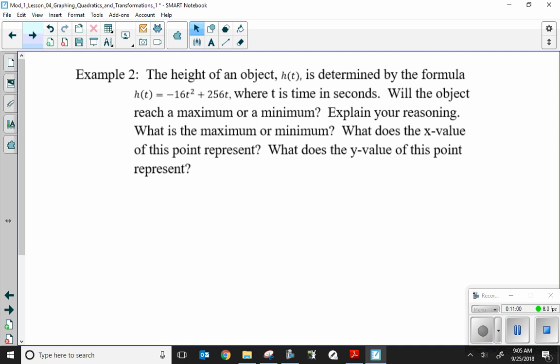I can feel a lot of you starting to squirm. Will the object reach a maximum or minimum? Explain your reasoning. What is the max or minimum? What does the x value of this point represent? What does the y value of this point represent?